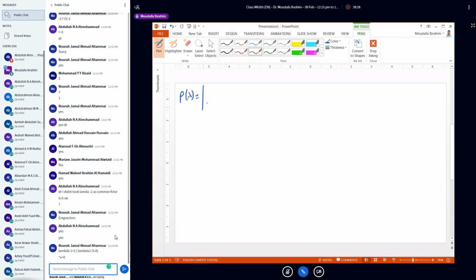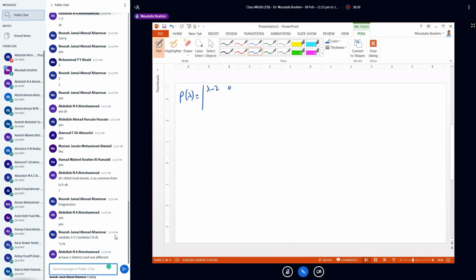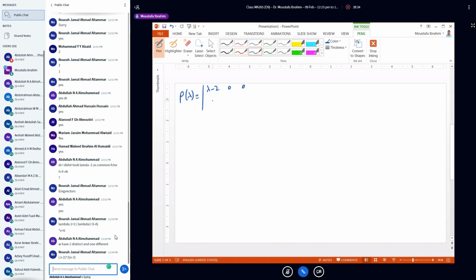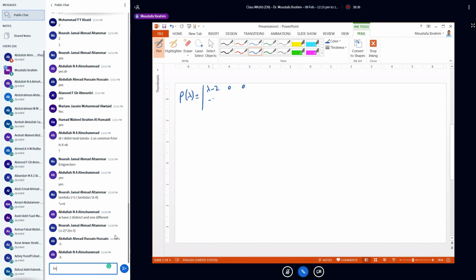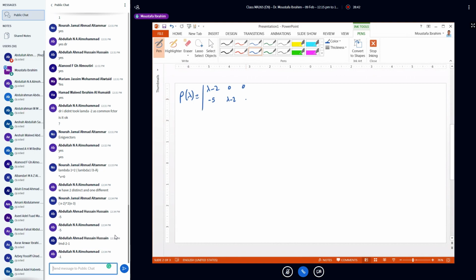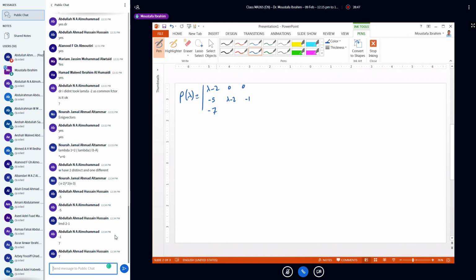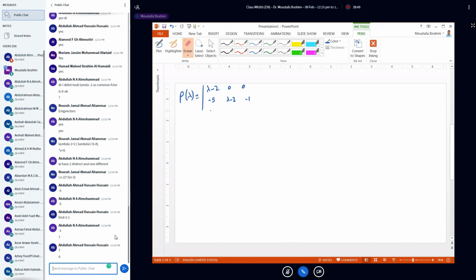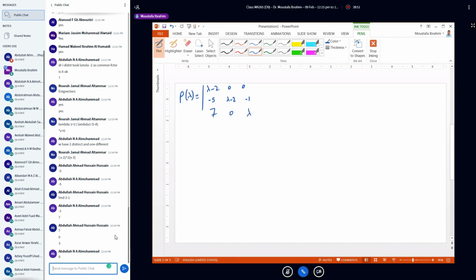What was here? Lambda minus 2, 0, 0. And then here, what were the numbers, guys? Minus 5. Here, lambda minus 2 and minus 1. And negative 7, I remember. 7. 0, lambda plus 3. So, very good.